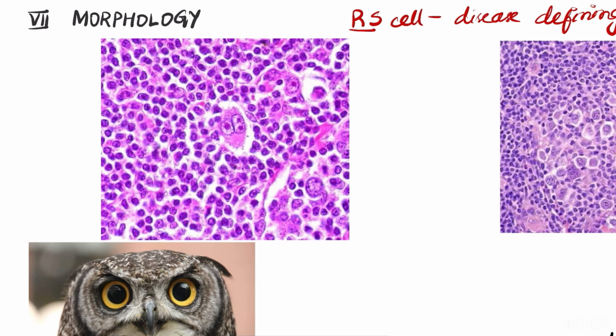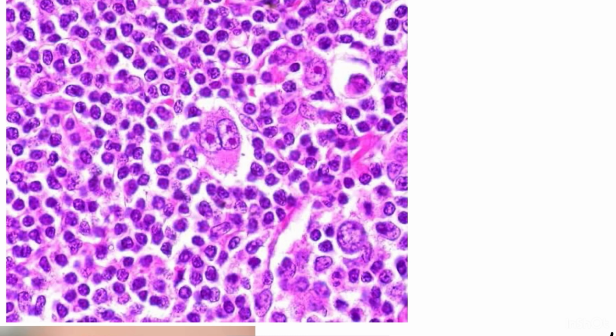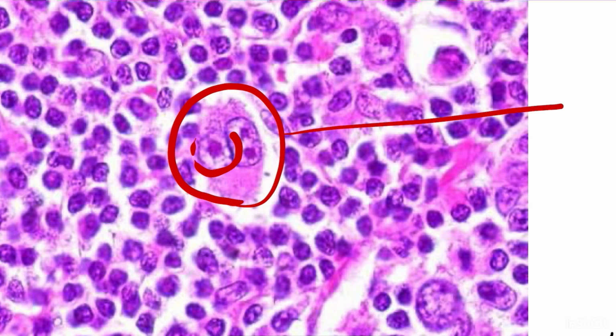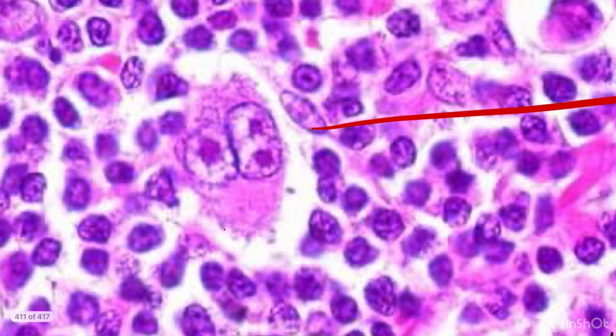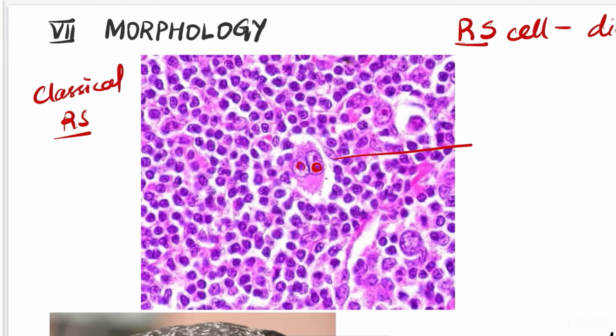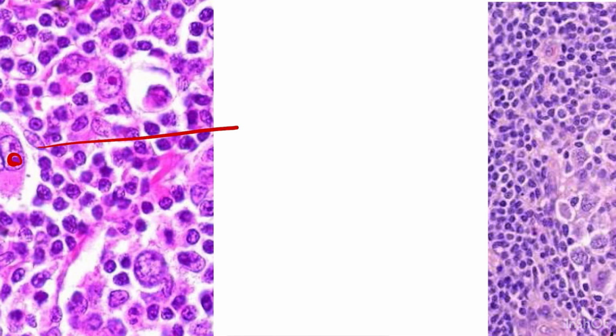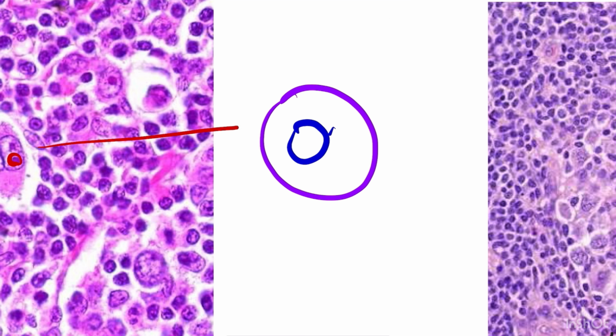The first image is of a classical RS cell. Here we see the center cell, which is a large atypical lymphocyte. It has two nuclei which are mirror images of one another. Inside the nuclei, we see eosinophilic inclusions.